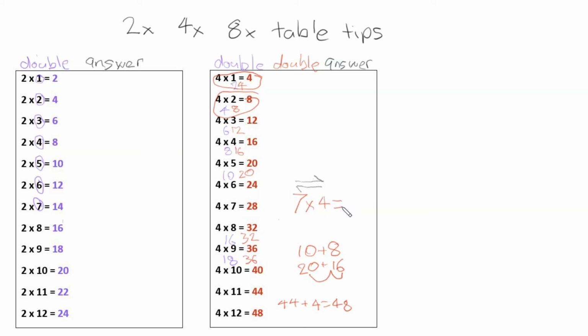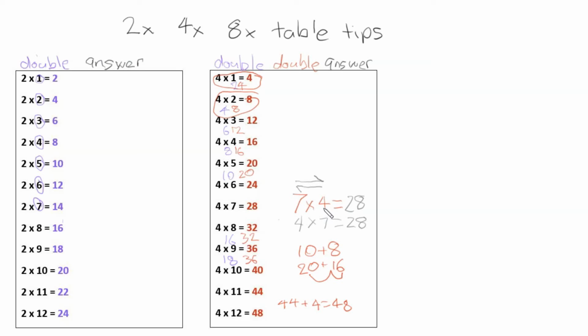So 7 times 4 equals 28, and so does 4 times 7. It also equals 28. So, because it has this commutative property, when you flip them either way, it still gives you the same answer. You'll say 7 times 4, oh no, I don't know my 7 times table trick. But I do know my 4 times table trick.